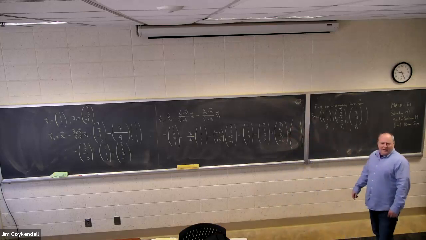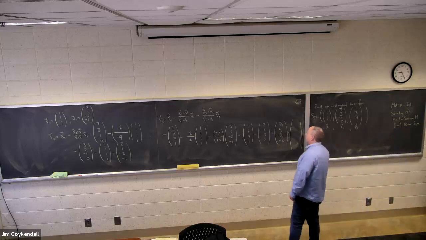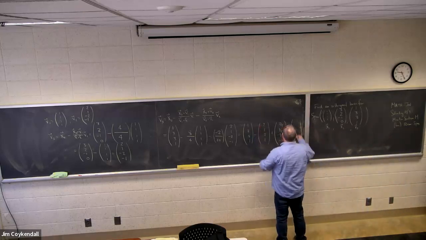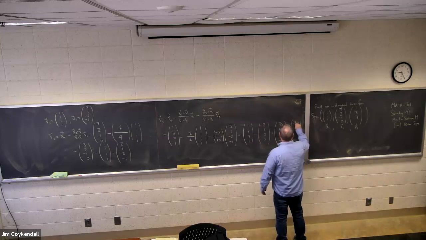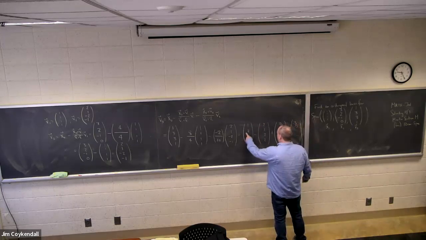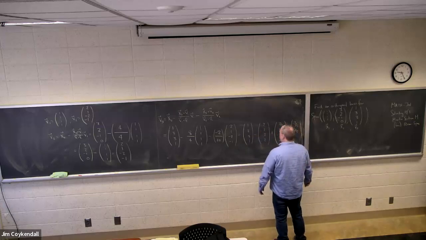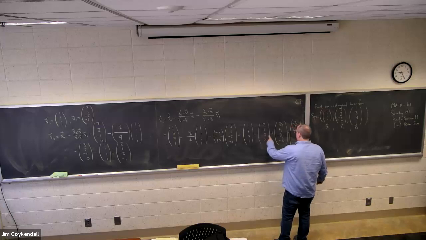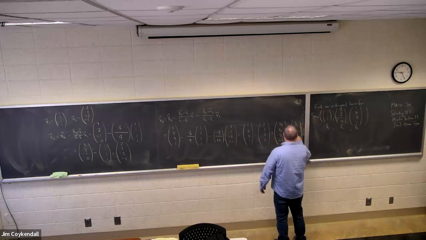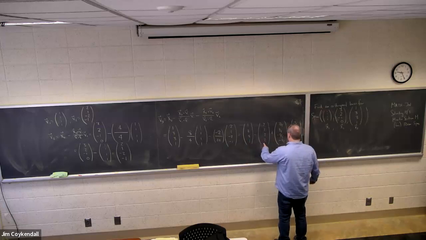Everybody okay with that? Let's see what I get here. That's going to be minus 1, 2/5, and minus 3/5. That's going to be 3 minus 2 is 1, 1/5 is 6/5. That is 1 minus 2/5 is 3/5. And that is minus 1, minus 5, 6.